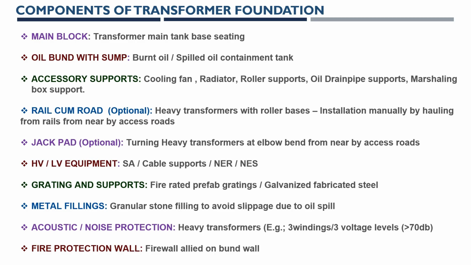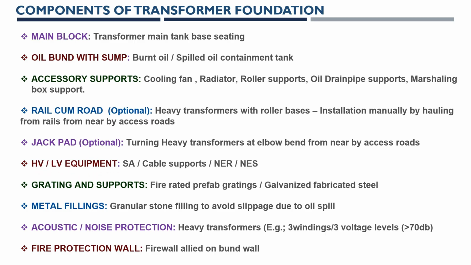Its main purpose is for turning: whenever a transformer is turned to rest on its foundation, the jack pad gives a lift to make the turning easier at site. So wherever there is an elbow bend, a 90 degree turn from the nearest access road, a jack pad is to be provided. The foundation also needs to be provided along with the transformer.